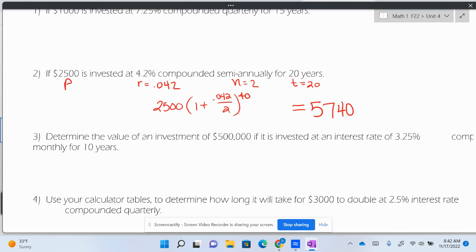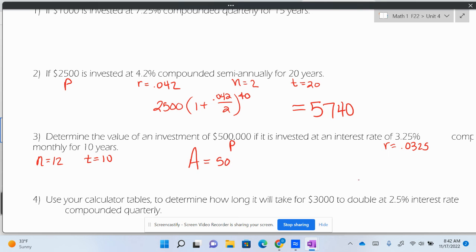So if we were to set up number 3, 500,000 is P. My rate is 0.0325. It's compounded monthly. That means N is 12 and T is 10. So we're not going to solve this one. We're just going to set it up.